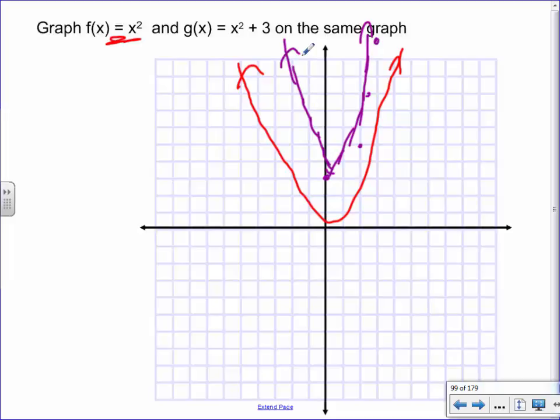The graph still has the same shape though. It still has the same congruency. Does that make sense? All you're doing is sliding the graph up or down. So for things that are outside of the function, consider what you would do to the y value after you're done.